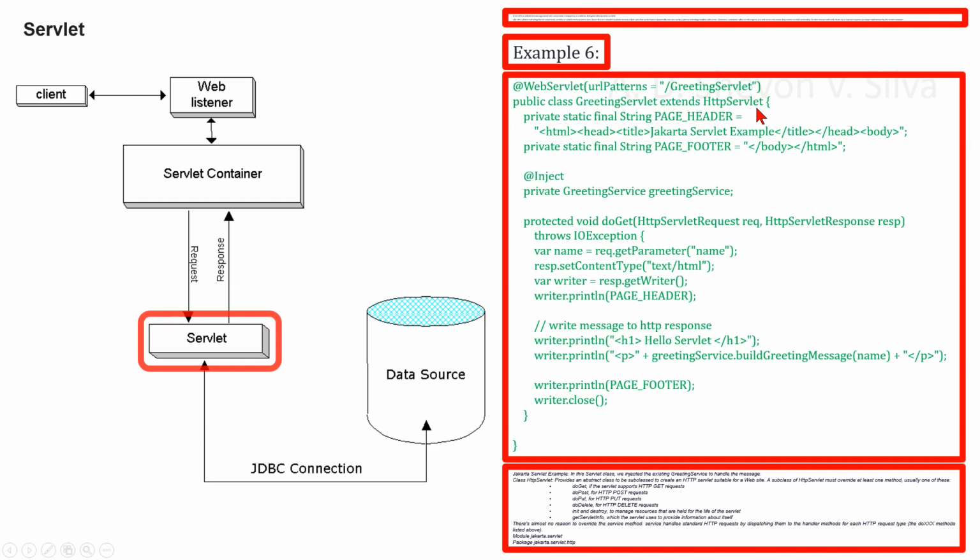There's almost no reason to override the service method. Service handles the standard HTTP requests by dispatching them to the handler methods for each HTTP request by type, the doXxx methods listed here.